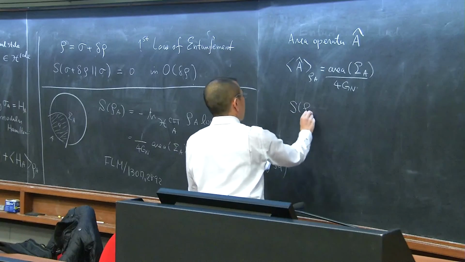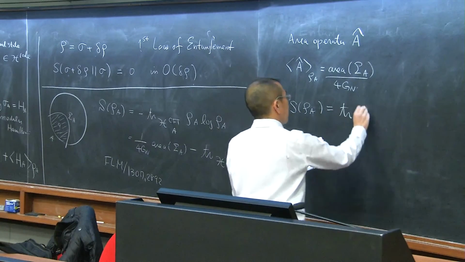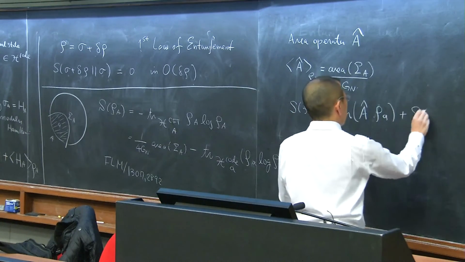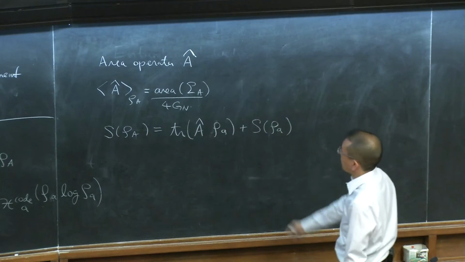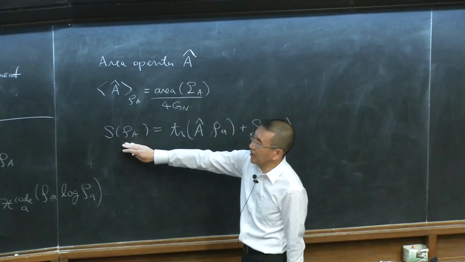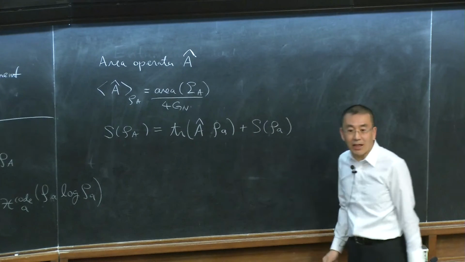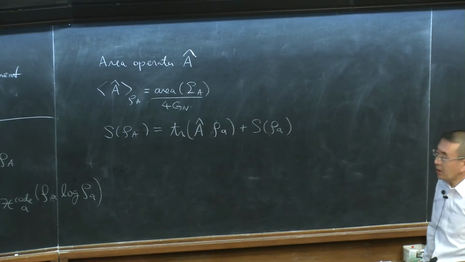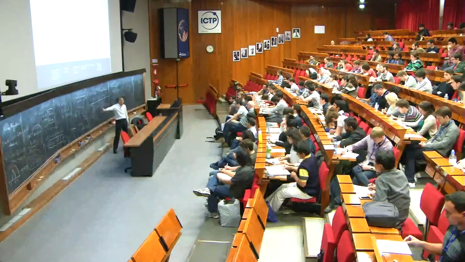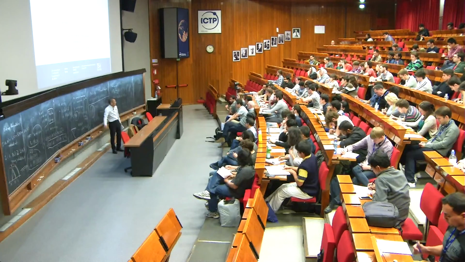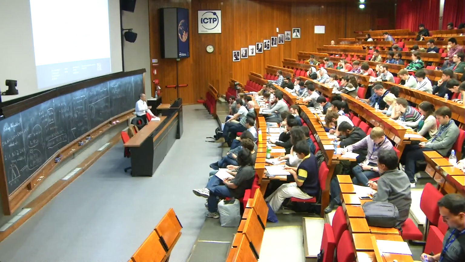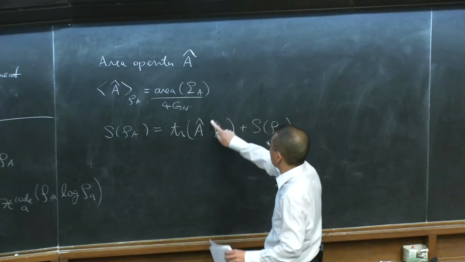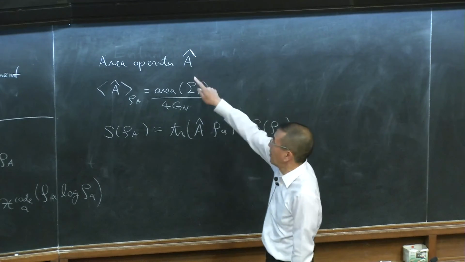That means that S of rho A can be evaluated as trace of A hat rho A plus S of rho A. Namely, the left-hand side is given by the boundary CFT density matrix, and the right-hand side is given by the bulk formula like that. So this is an operator in the bulk Hilbert space, because in the bulk you have a geometry and fluctuation around it, and then small a, because this is specifying the bulk quantum state for which you.